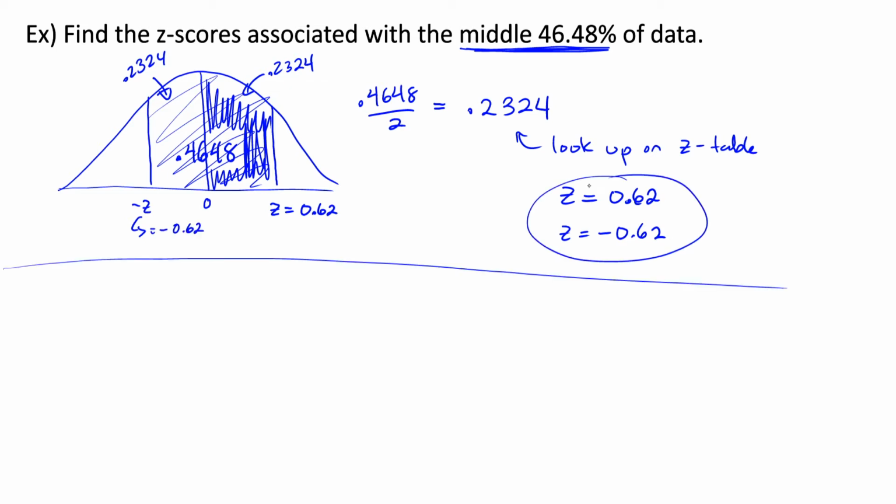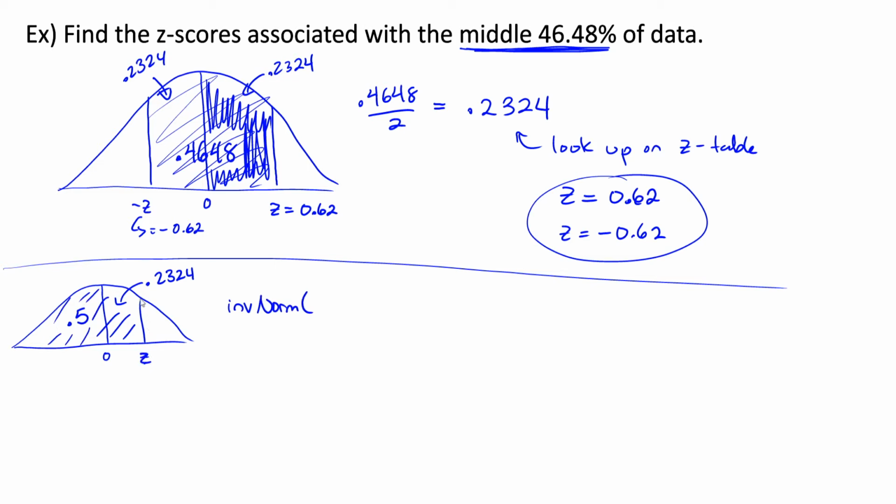Now if we were to solve this using the calculator, we need to know the area to the left of any of the z-scores in question, and we do have two z-scores here, so we have our first unknown z-score over here. We would still need to determine that this piece is 0.2324, but then we need to know this piece is 0.5.